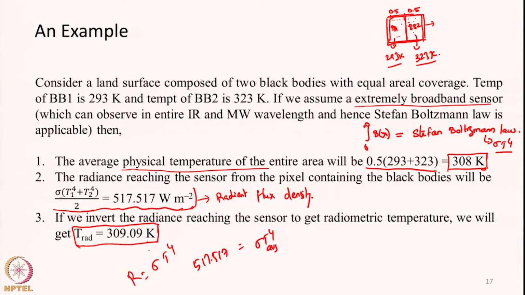So, here you can see for this mixture of 2 black bodies, the temperature we got from remote sensing observation is roughly 309 Kelvin, because the Stefan-Boltzmann law normally we should not apply, but for explanation sake I am doing it. The average actual physical temperature is 308 Kelvin.